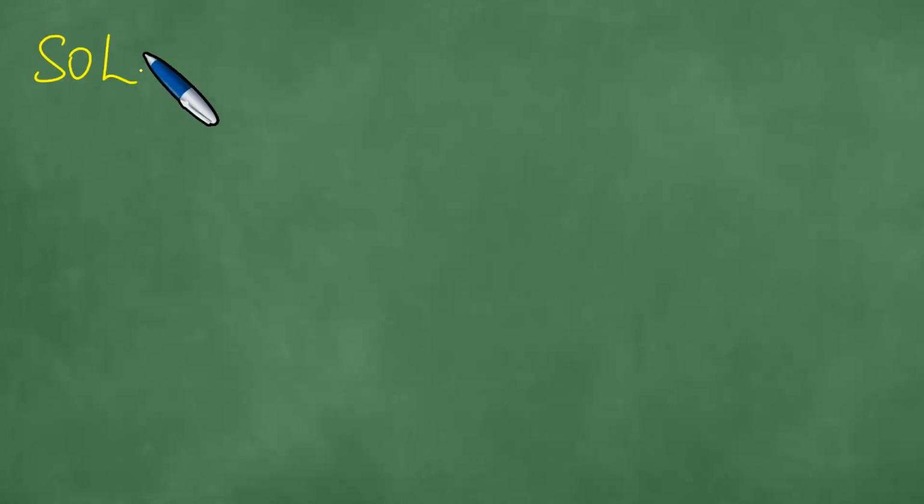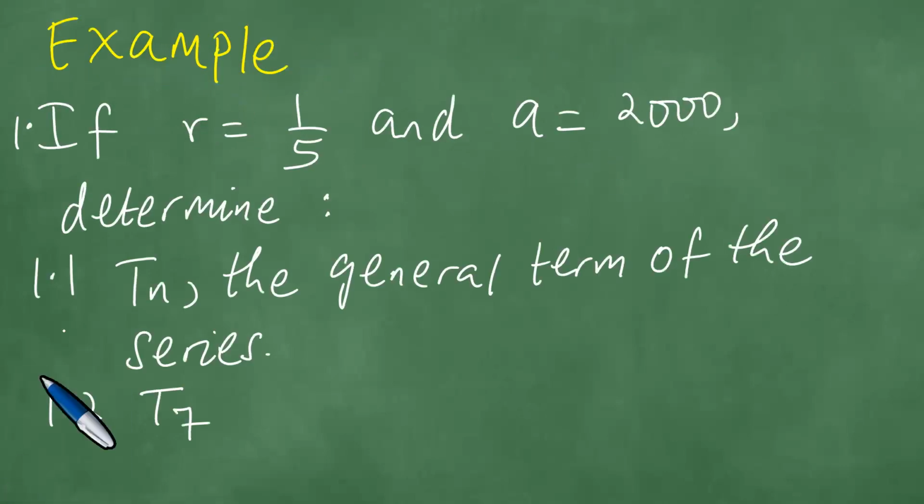Let's look at this solution. Right, so there are a couple of things that are very key here. For example, if the constant ratio is 1/5 and the first term is 2000, determine the general term. Where do we start? What is the answer? I'm giving you 2 minutes to try 1.1, Ayanda.